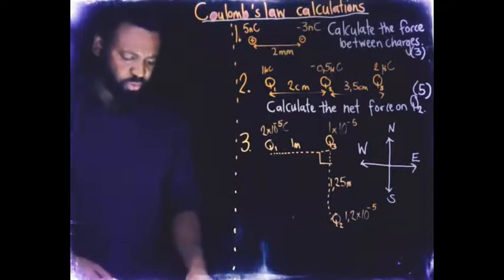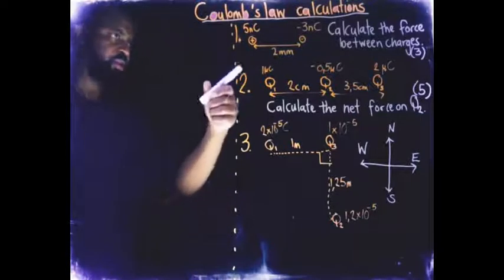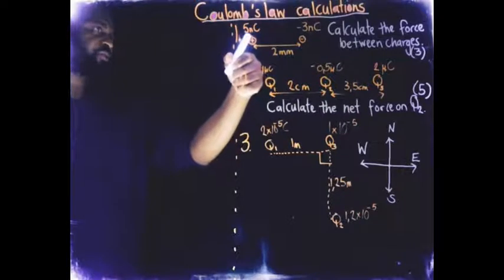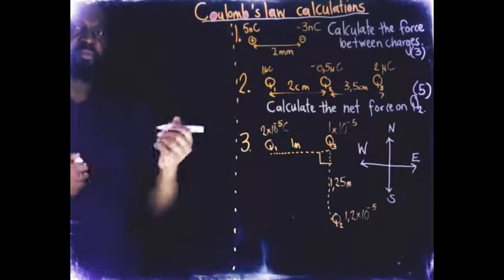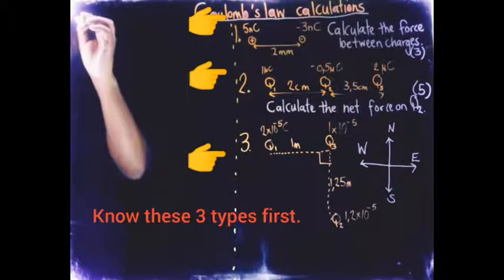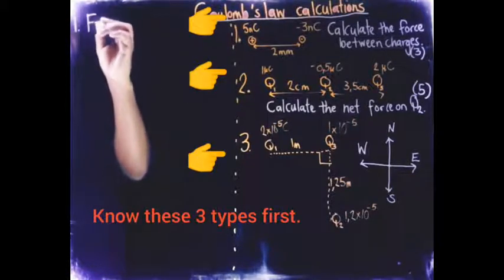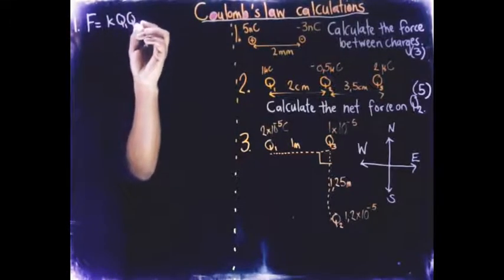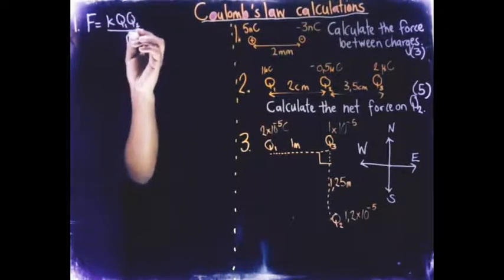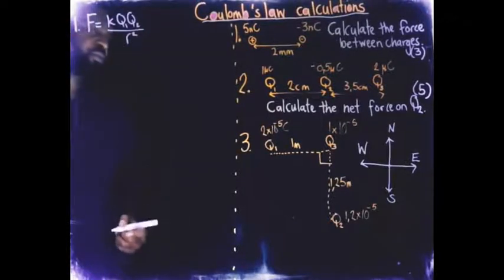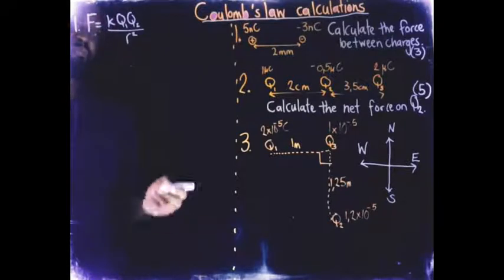The first one says, calculate the force between the charges. One charge is 5 nanocoulomb, the other one is 3 nanocoulomb. Now, I'm going to apply Coulomb's law. F is equal to K times Q1 Q2 over R squared, or D squared. I know the value of K is a constant. It's there in the formula sheet all the time.